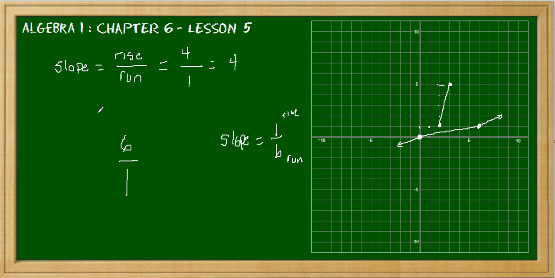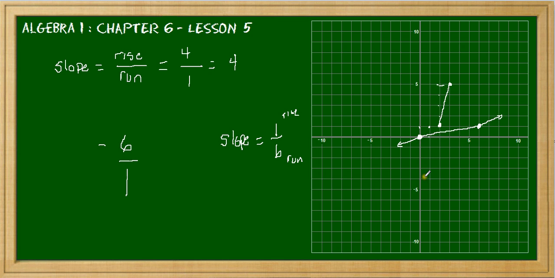Well, 6 divided by 1 is really 6. But we also know that it's negative, right? So one of these two has to be negative. In this case, I will choose to make the rise negative, and I'll explain later on why one has to be negative. In this case, we know that it's going to be -6. Why? Because we're going to drop.